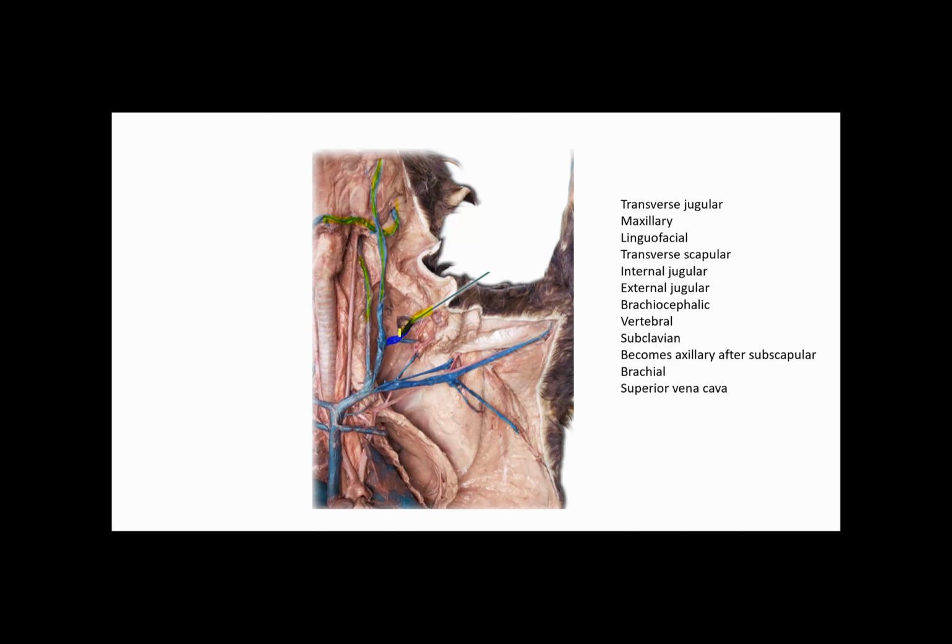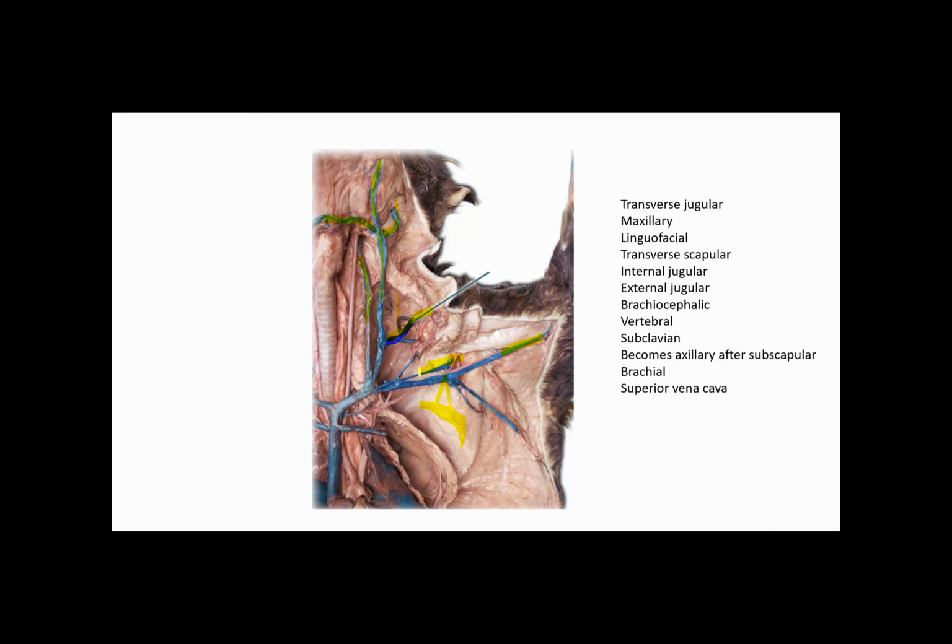Coming off over here is the transverse scapular vein. And again, over here in the cat's arm would be the brachial vein. This is the axillary vein. You could see it traveling in the cat's armpit. And this vein coming off the subscapularis is the subscapular vein.